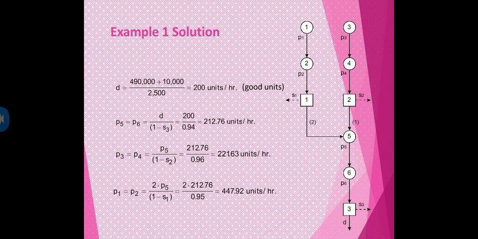That will depend on P5, so it will be 212.76 into 2 upon 1 minus S1. When we divide by 0.95, we obtain 447.92 units per hour. So in this way we calculate the production rate of all stations.